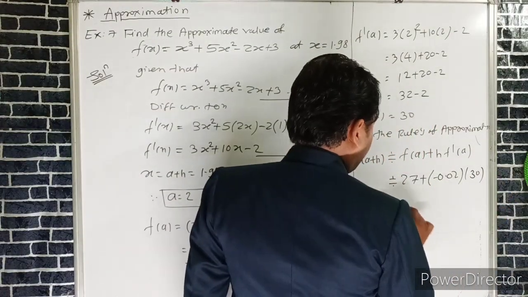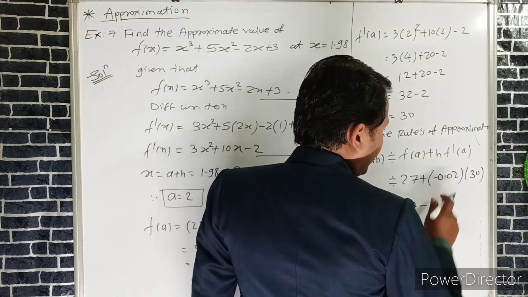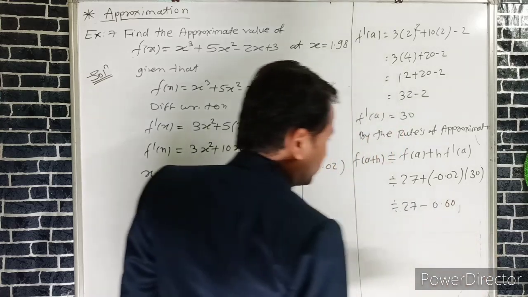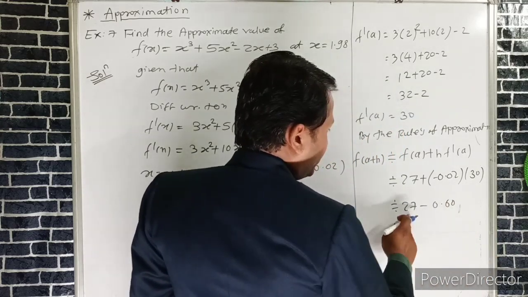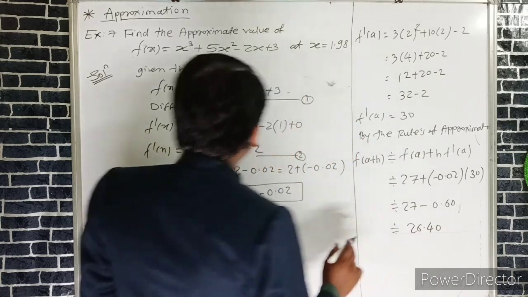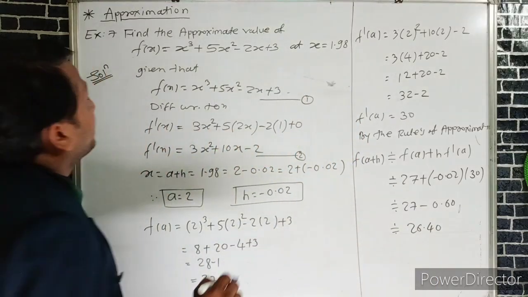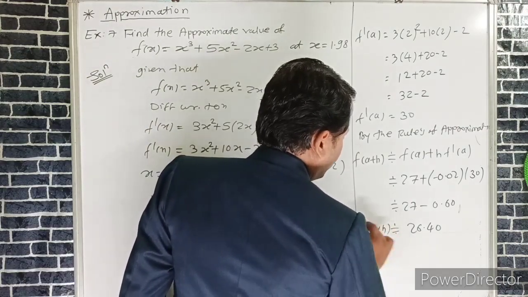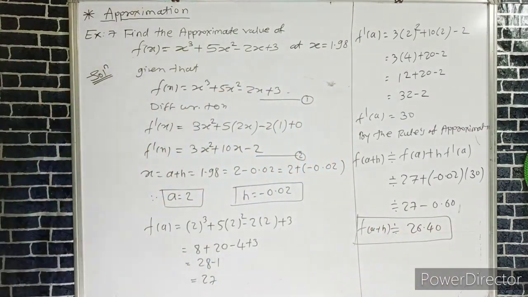So we can write 27 minus 0.02 into 30, which is 0.60. So we can write the approximate value as 27 minus 0.60, which is 26.40. This is the approximate value of f of x, or f of a plus h, the required approximate value 26.40.